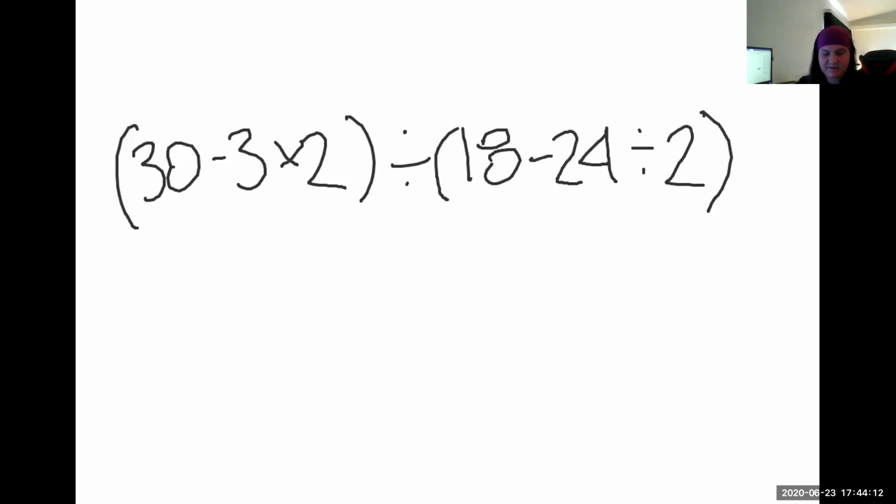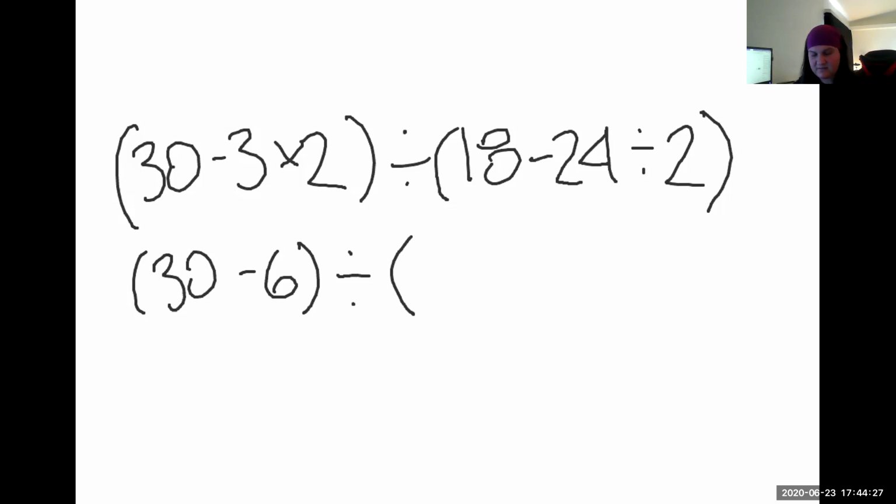There's no exponents, but there is multiplication. So this changes to 30 minus 6 divided by 18 minus 24 divided by 2. So we're going to do the division before the subtraction. 24 divided by 2 is 12. 18 minus 12. Now we can break this down even further, removing the parentheses completely.